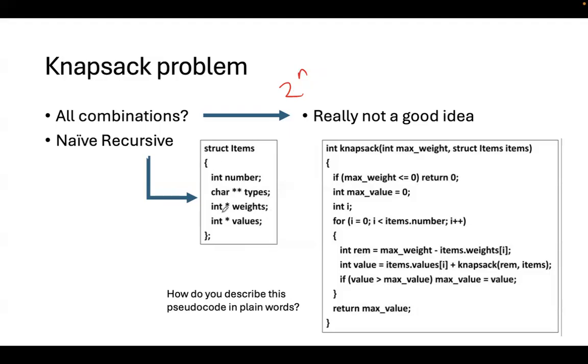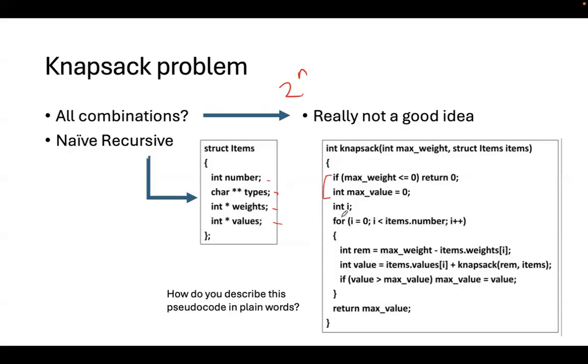Maybe we come at this in a naive recursive way. This is an example where we've got some data structure to hold the items. So like what number are they? What type is it? How many of these do we have? Stuff like that. And we have a recursive function, so we've got the base case to say if the max weight is less than 0, then just return 0.